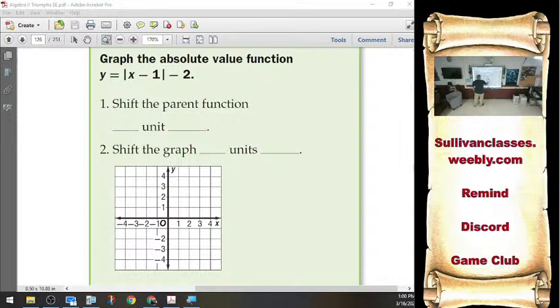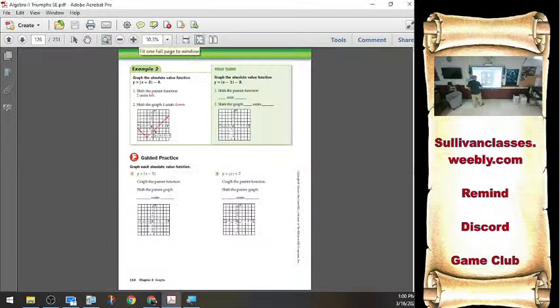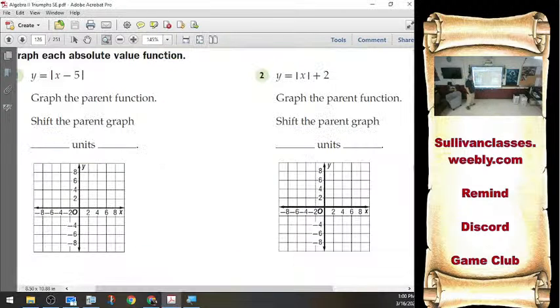Okay. So both of these say start with a parent function. I'm going to put the parent functions on there to help you start, because look at the graphs. They went by 2's. The parent graph starts at 0, 0.